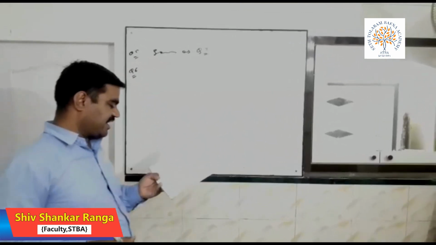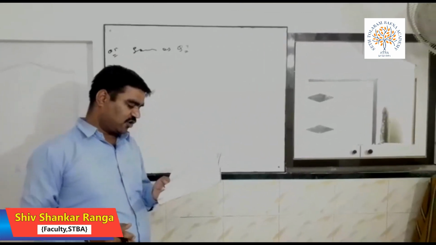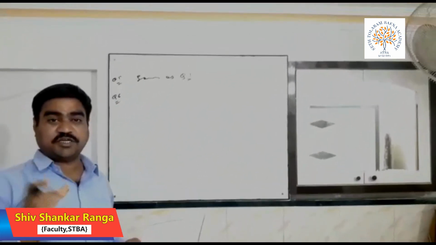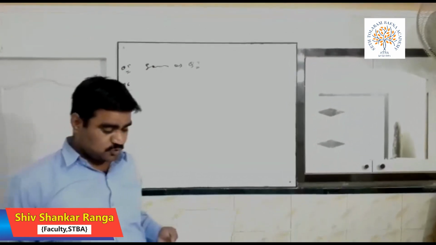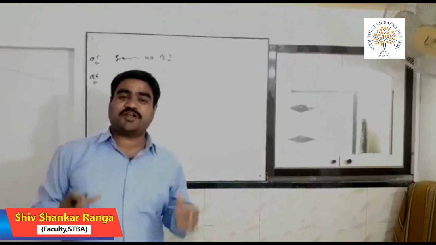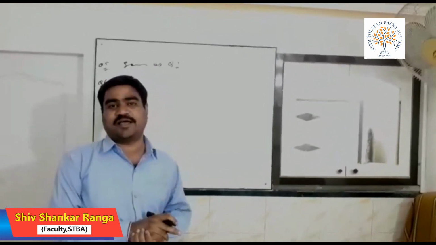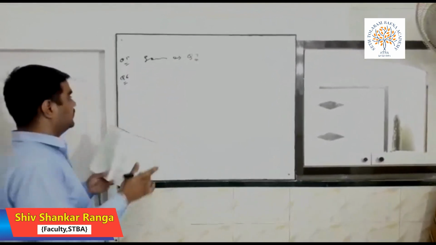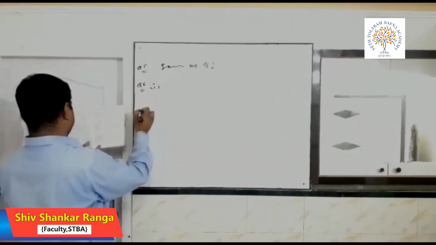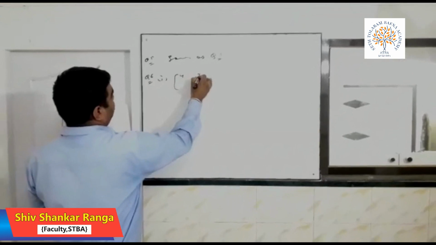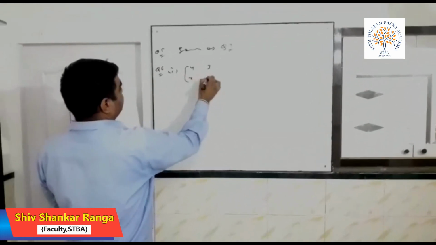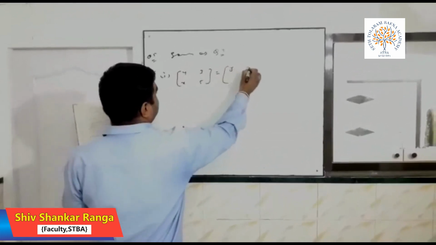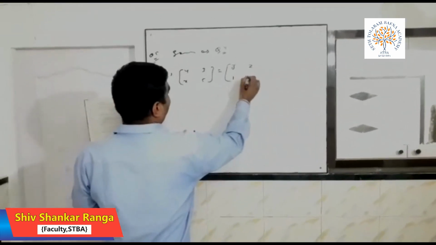Find the value of x, y and z from the following equation. Question number 6 depends on equal matrices. You know, two matrices are equal when orders are equal and corresponding elements are equal. So the first part: 4, 3, x, 5 is equal to y, z, 1, 5.